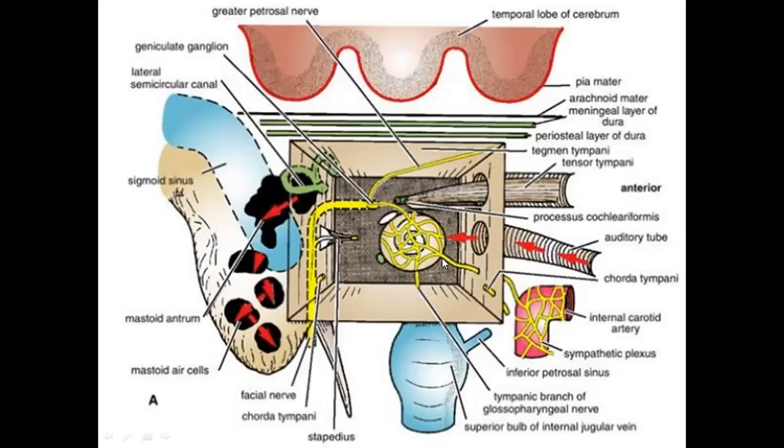This is the lesser petrosal nerve, a branch of the tympanic branch of the glossopharyngeal. It contains the secretomotor fibers for the parotid gland, relays on the otic ganglion in the infratemporal fossa, and passes through the petrotympanic fissure. These are the sympathetic fibers from the internal carotid plexus.